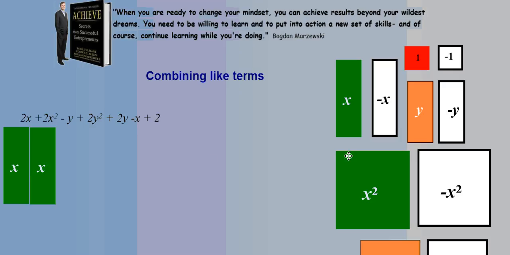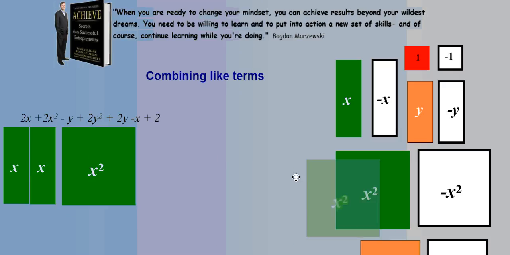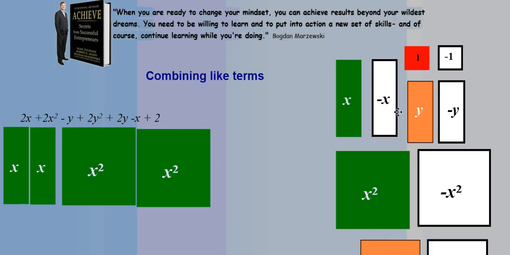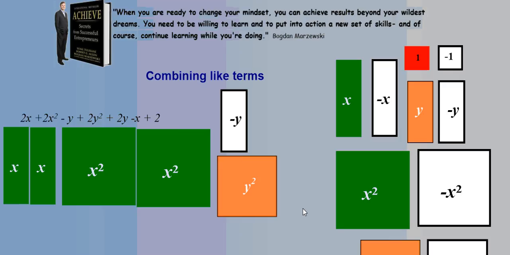Then we have 2x squared tiles. Please note this is a different shape. Then we have 1 negative y. Then we have 2y squared combined together.